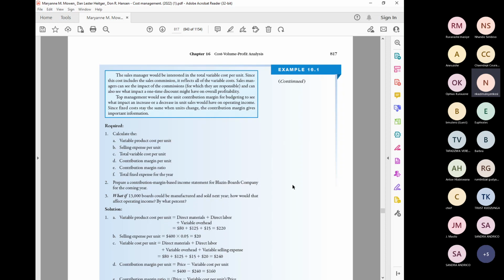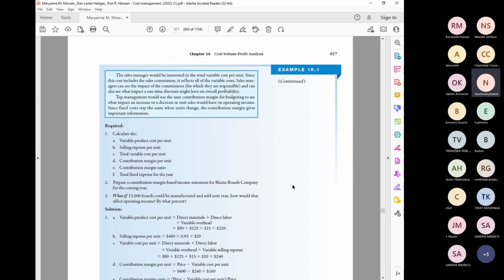Sales managers can see the impact of the commissions for which they are responsible, and can also see what impact a one-time discount might have on overall profitability. Top management will use the unit contribution margin for budgeting to see what impact an increase or a decrease in unit sales would have on operating income.